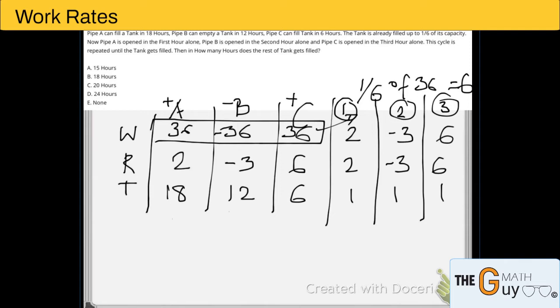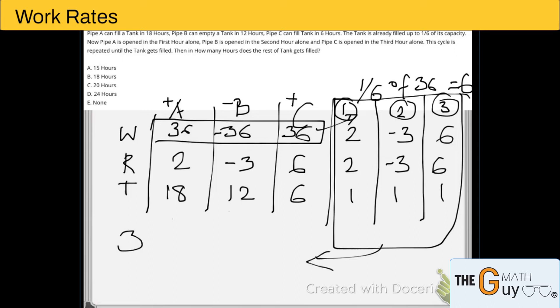How many hours does the rest of the tank take to fill? What I'm going to do is bundle up this block that is getting repeated. In these 3 hours, what's happening? The total work done is 2 plus -3 plus 6, so we have 8 minus 3, 5 units.